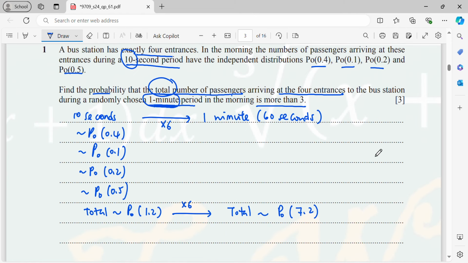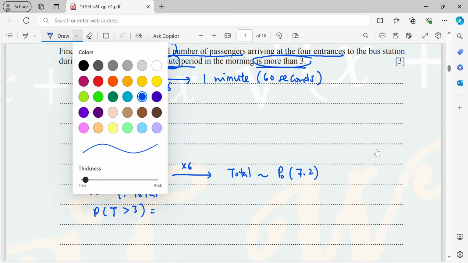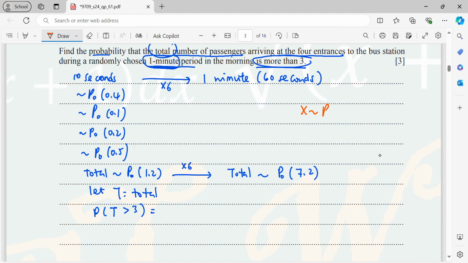And now I will let T be the total. Now you need to find the probability that T is more than 3. For Poisson distribution with mean lambda, P(X = x) is e to the minus lambda, lambda to the x over x factorial, where x starts from 0 until infinity.